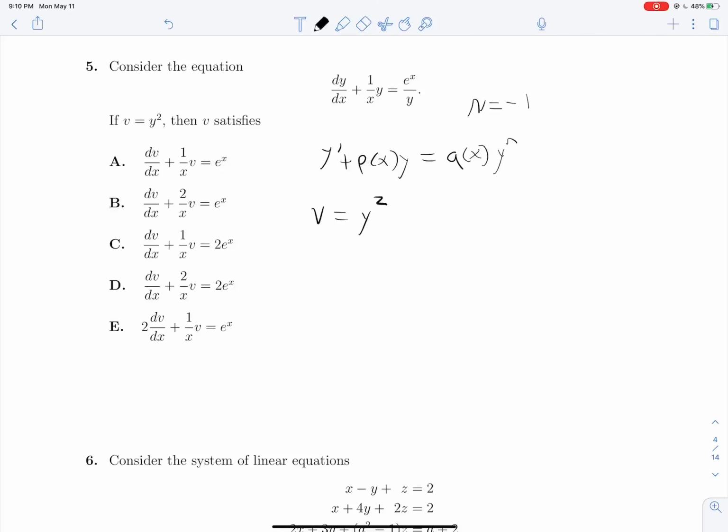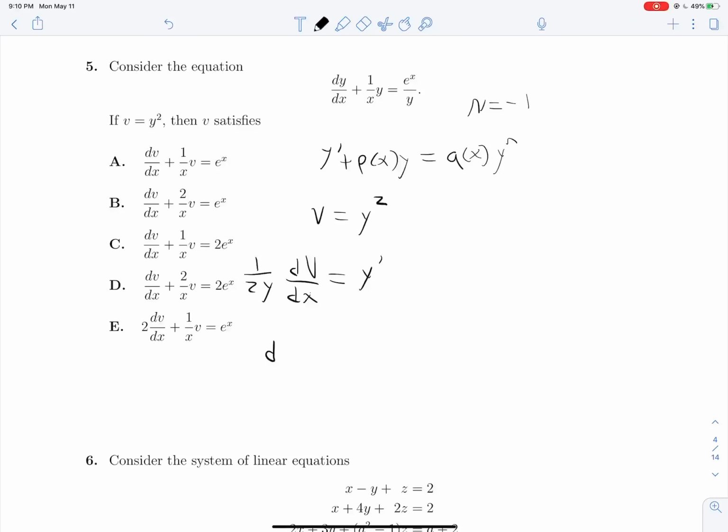And what we also know is that v prime, or dv dx, will be equal to 1 minus n times y to the -n times y prime. This 1 minus n will give us 2, y to the -n will give us y to the first, and if we divide that 2y over, we can replace our y prime up here with that.